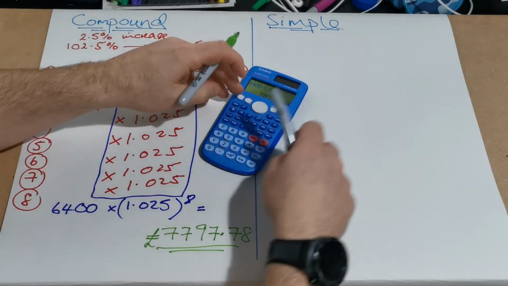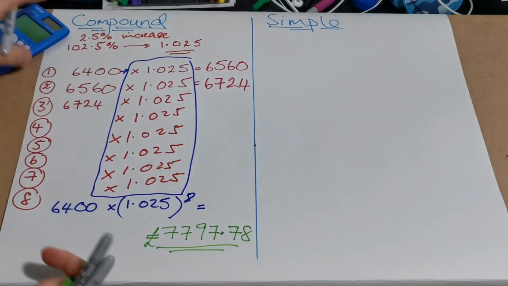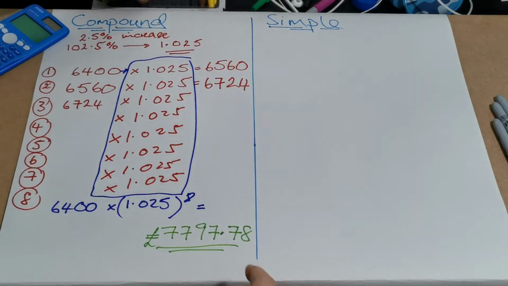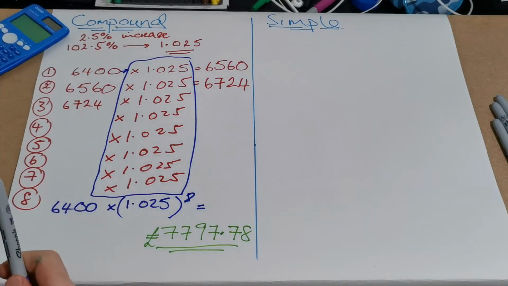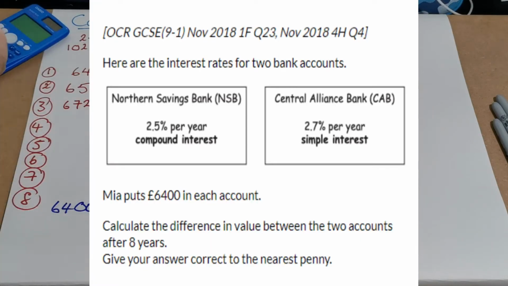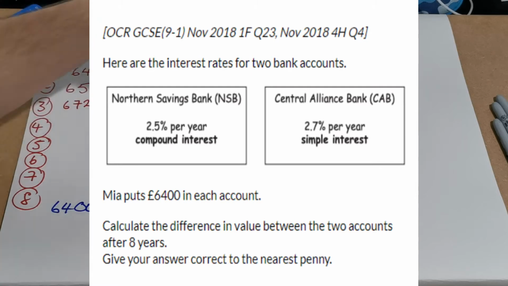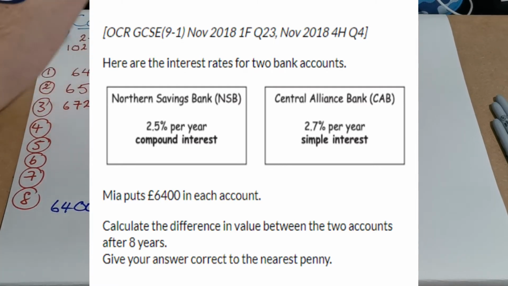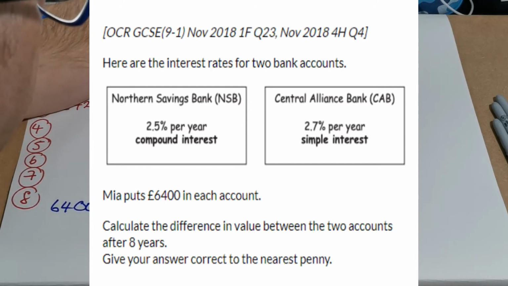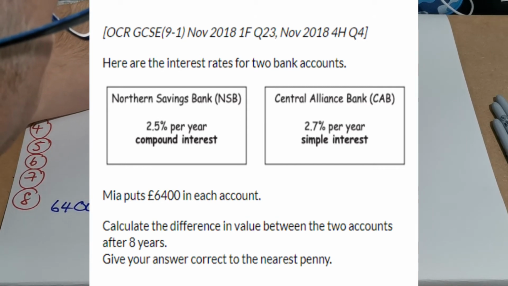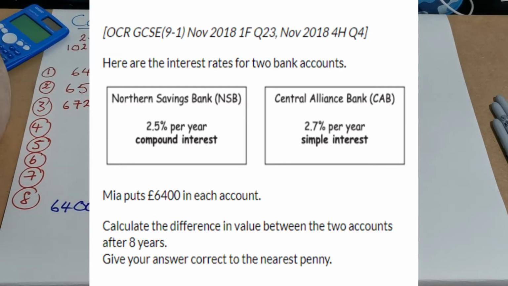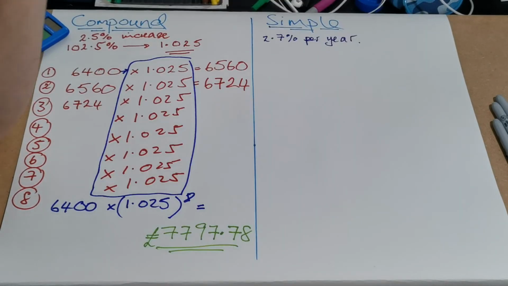Now simple interest, as it says, is a simpler way of working things out. And here we're saying we're getting 2.7% per year. Now, the way this is calculated is you look at the interest for the first year.